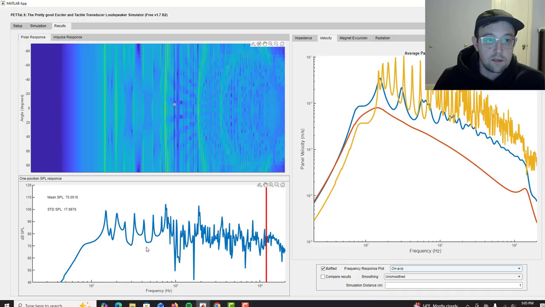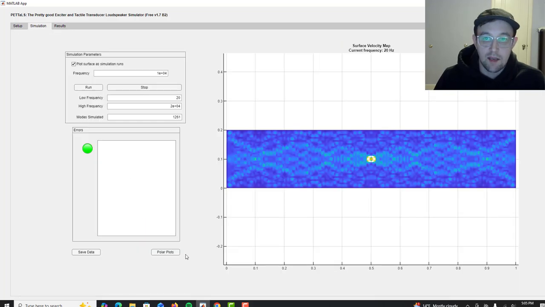Very high Q leads to really sharp peaks in the frequency response. Overall, actually, not a terrible frequency response. With some smoothing, it probably doesn't look all that terrible. I made it a very wide speaker and with a very high Q so that hopefully the polar plots come out kind of interesting.